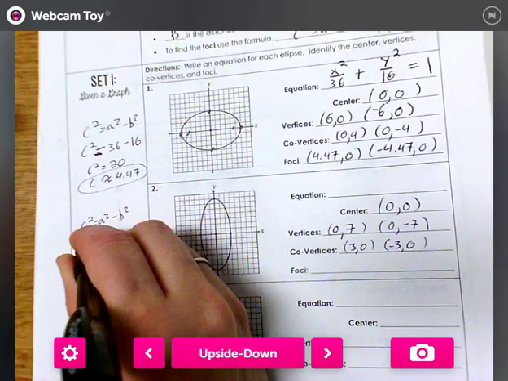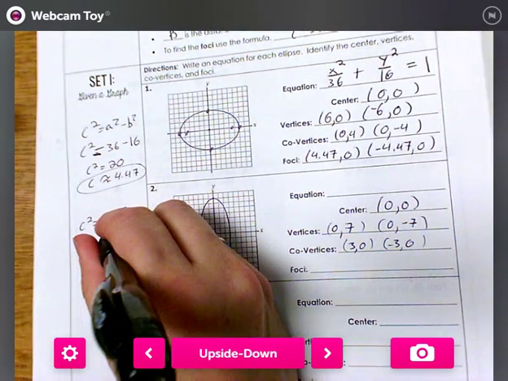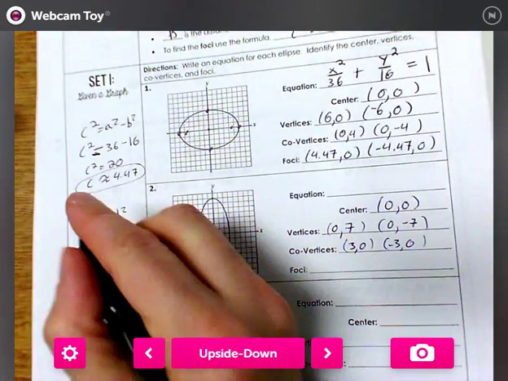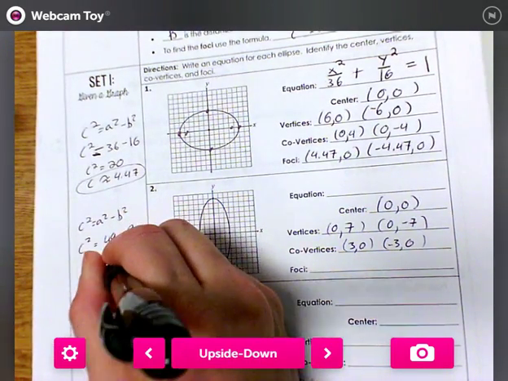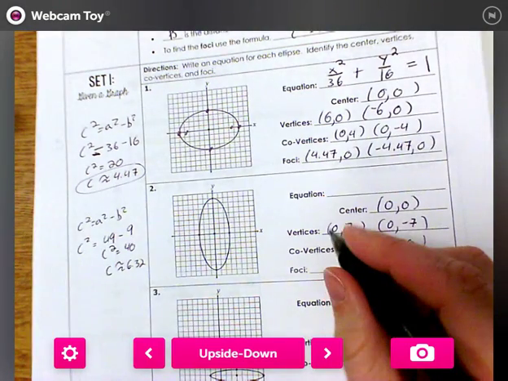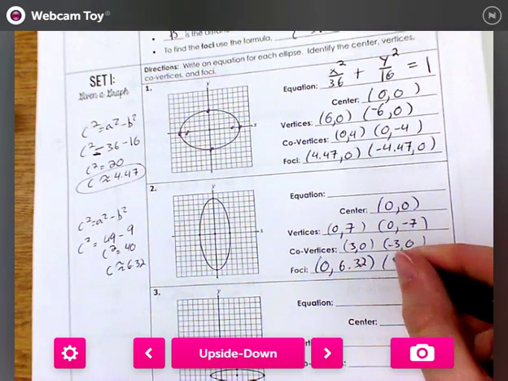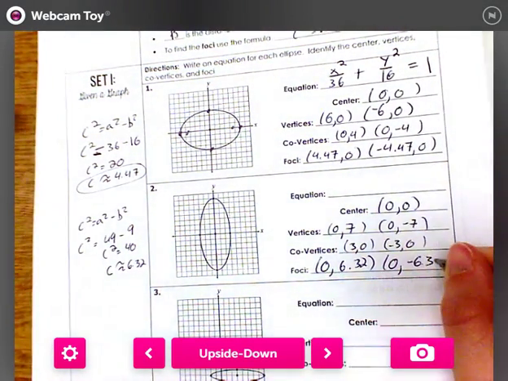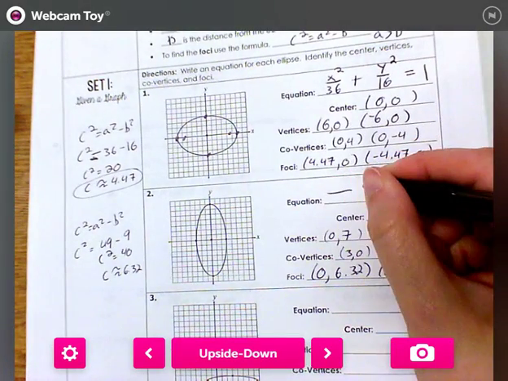So c squared equals, a squared is 49, b squared is 9, so c squared equals 40, so c is approximately 6.32. So 0, 6.32, and 0, negative 6.32. Okay? Now I'm going to do my equation.